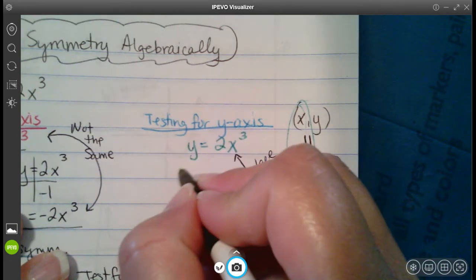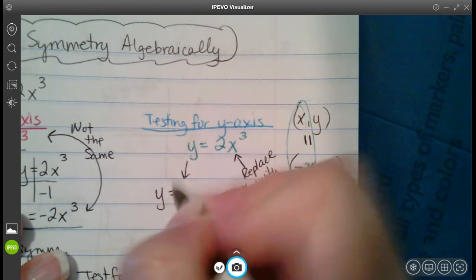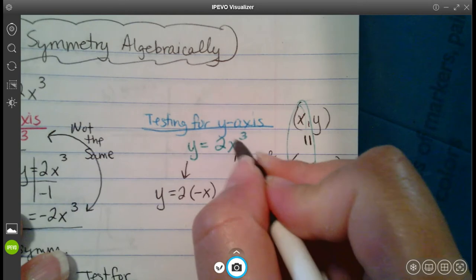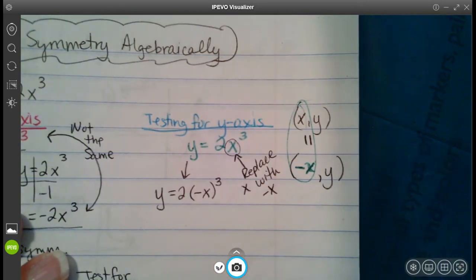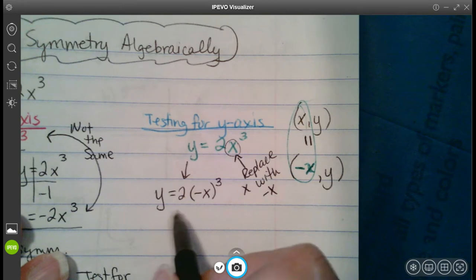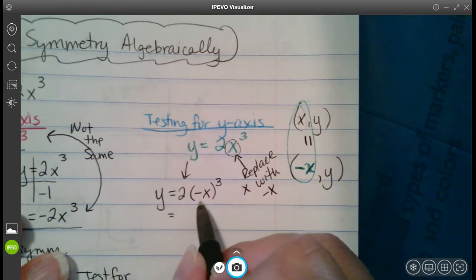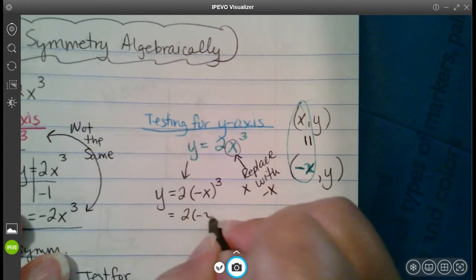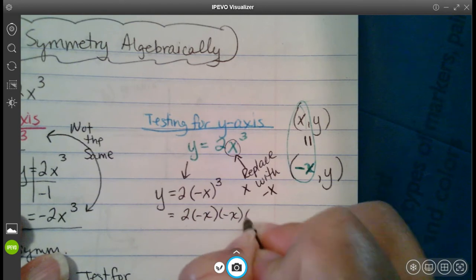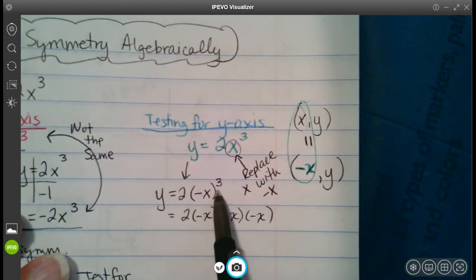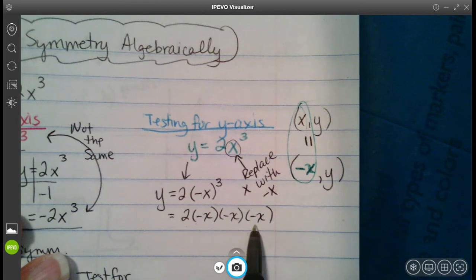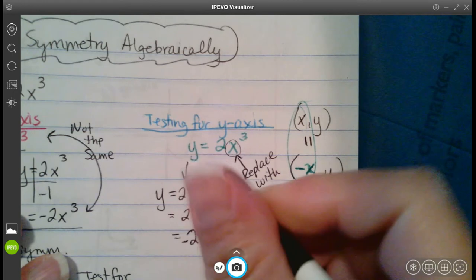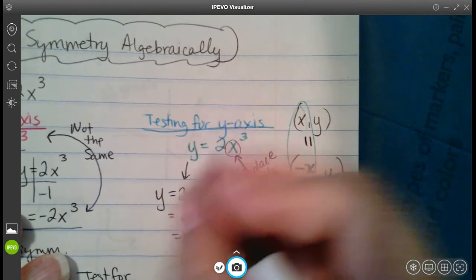Okay, so now this is going to look like so. Y equals 2. I'm going to put this in parentheses because I'm replacing this part right here. Now this you have to be careful with, because if you don't remember your rules of powers and negatives, you might want to expand this. So this would be 2 times negative x, negative x, negative x, because there's 3 of them. When you have 3 negatives, that ends up with a negative. So this is going to be negative 2x cubed.